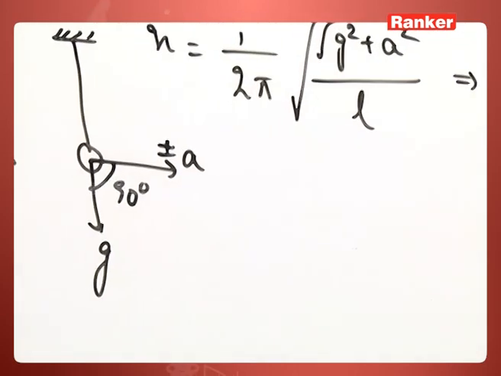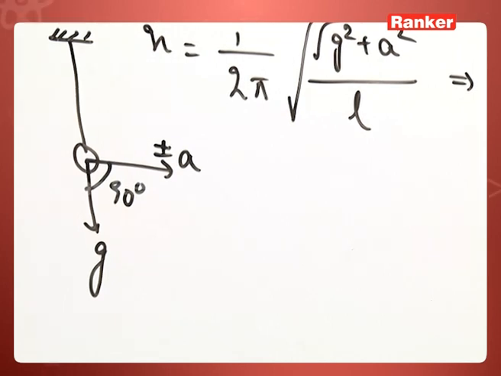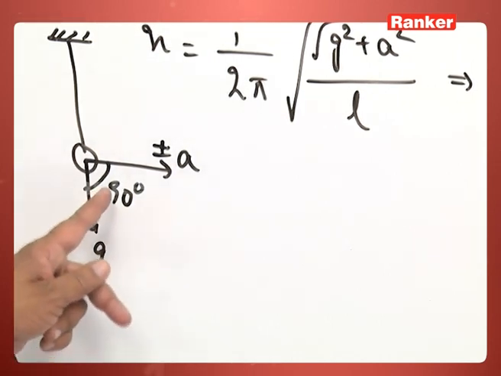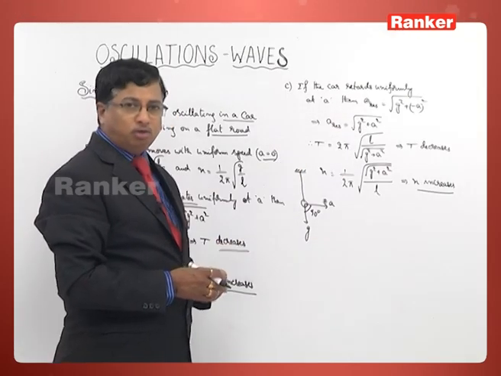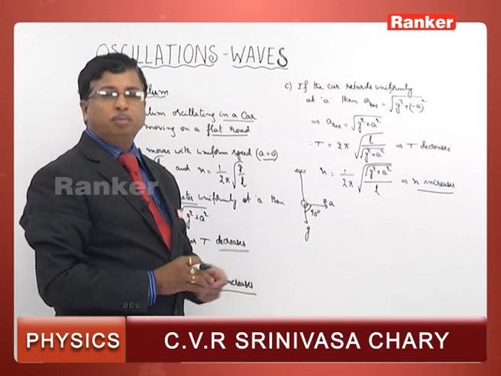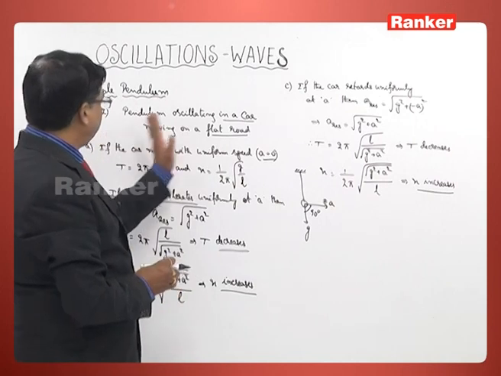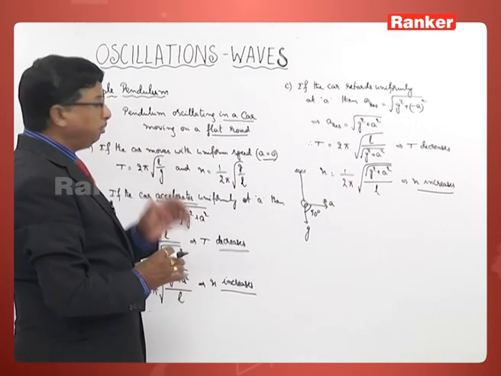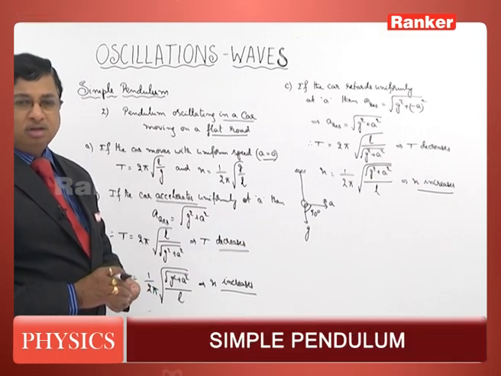Plus a means acceleration, minus a you can represent as retardation. Whatever be the case, since the angle is 90 degrees between them, the resultant will be this much only. So accordingly, time period and frequency are going to be similar in all respects. That is one more case one has to remember. This is the second case as far as the simple pendulum is concerned.